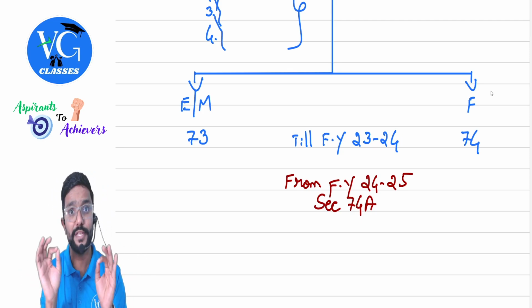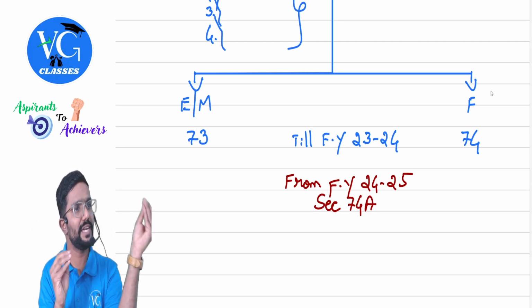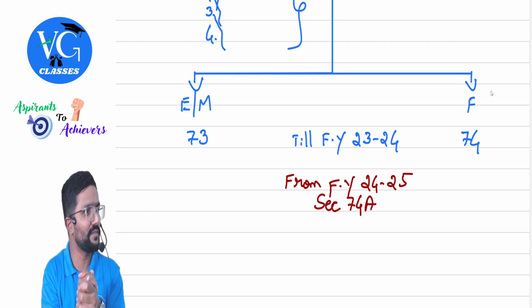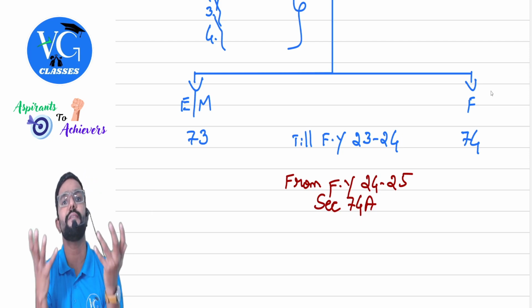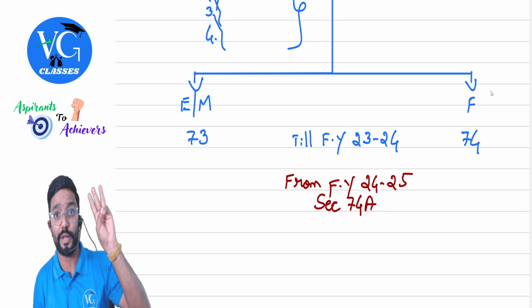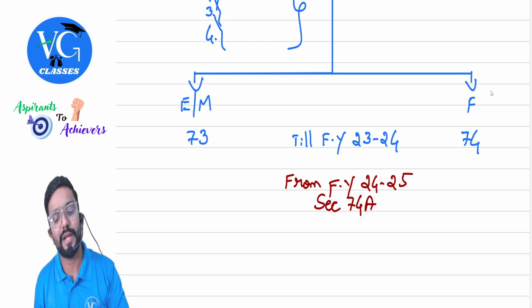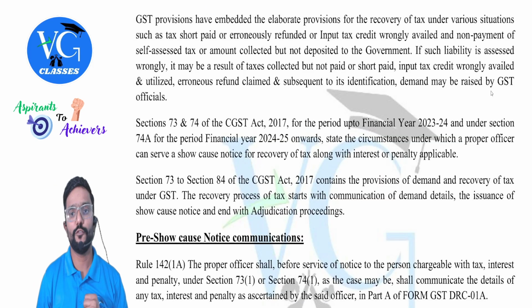Obviously, it is not copy paste; they have formed it as a new section, but it is a consolidation of both 73 and 74, guys. All three are relevant as on today. I will tell you why. Let us go forward.